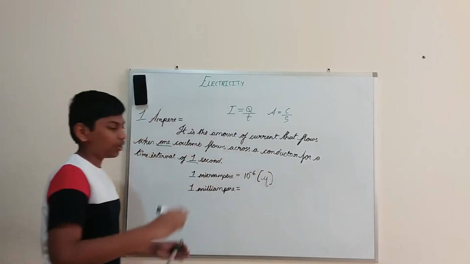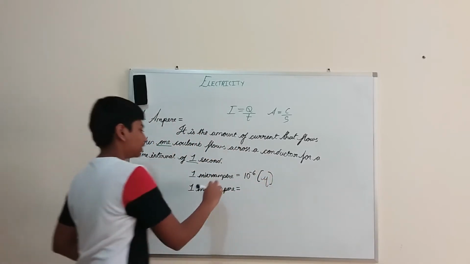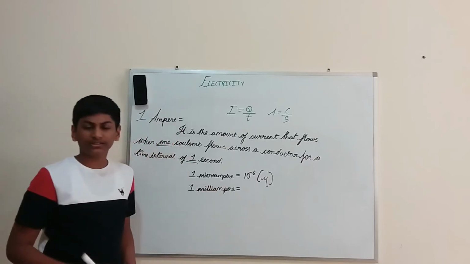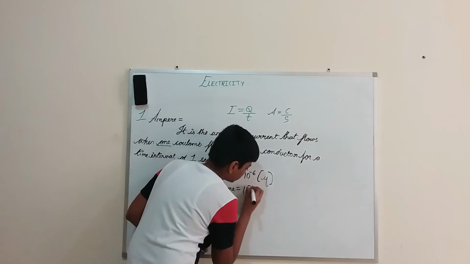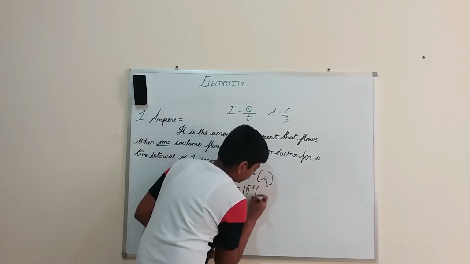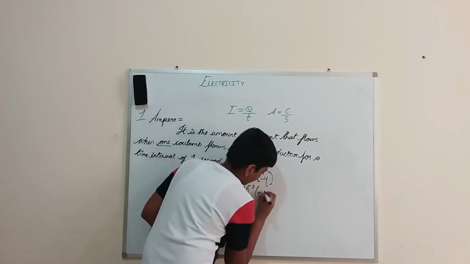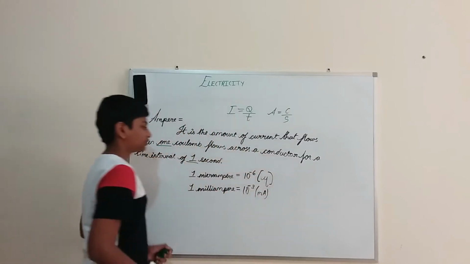Milliampere is 10 raised to minus 3, and this is written as a small m and A.